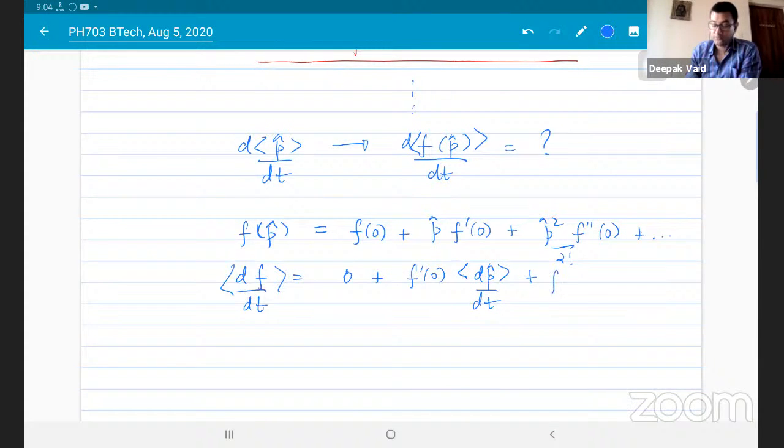But if you want to calculate the full time evolution of the function, you also need these higher order derivatives and the higher order expectation values, right? And these higher order expectation values will allow you to determine whether the system is classical or quantum.